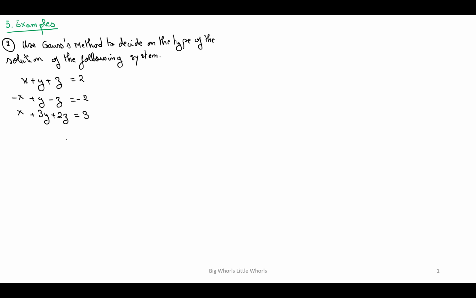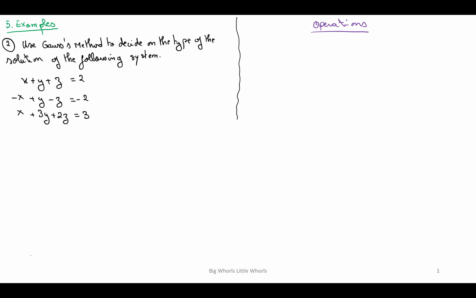So we are asked to perform Gauss's method. Here as well, I won't go that fast, but a little bit faster than previously. And here I'm going to do the operations as well.